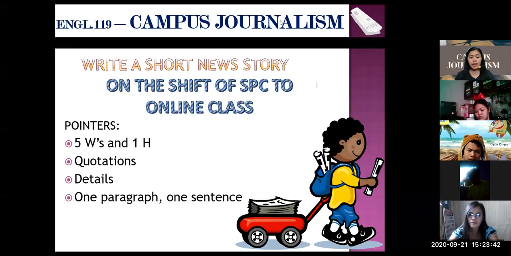And make sure to use one paragraph, one sentence structure. Not necessarily one line only; a sentence can be around 24 words. One paragraph is one sentence.